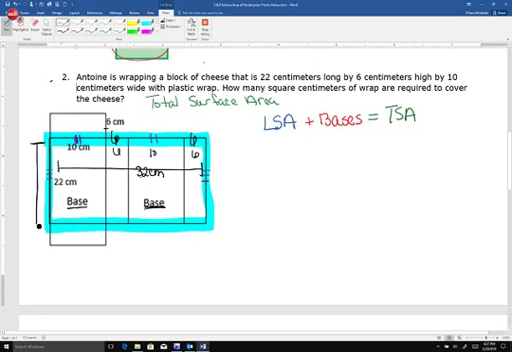Our width right here is 22. So it looks like my lateral surface area has dimensions of 32 times 22. And my bases, it looks like they're going to have dimensions of 10 and 6.